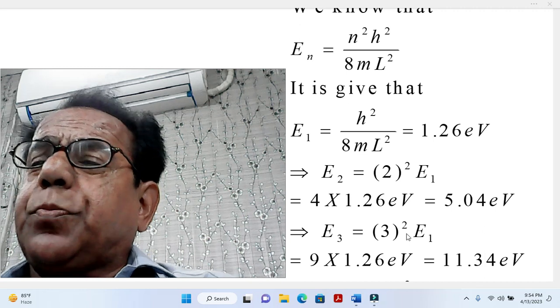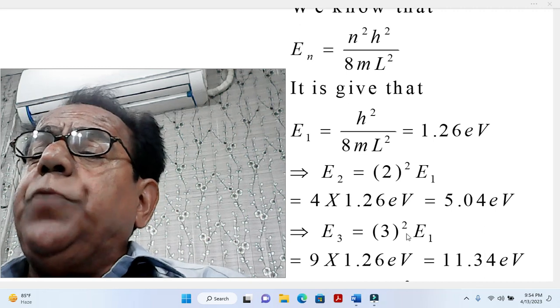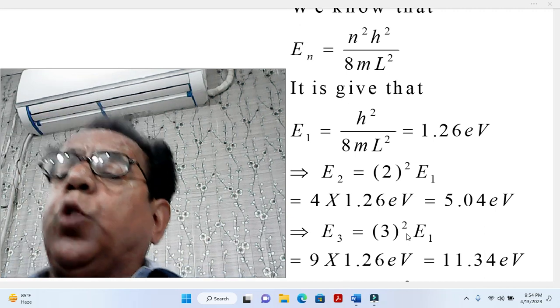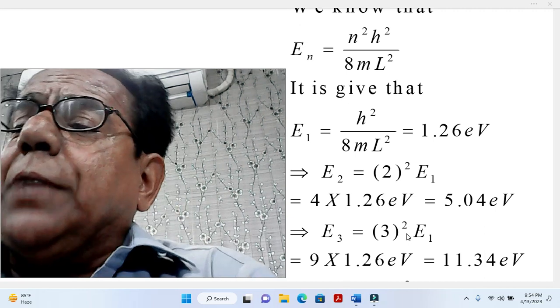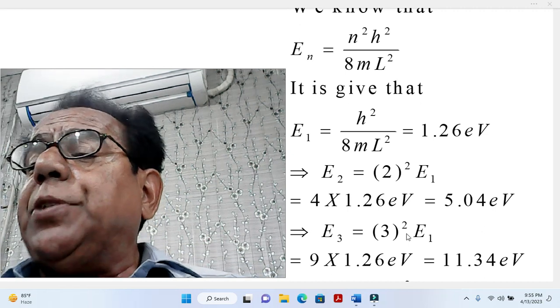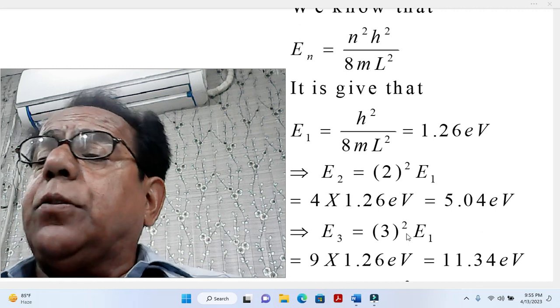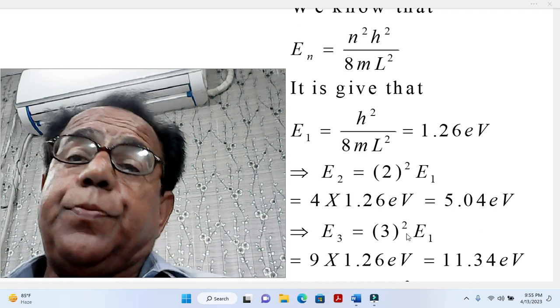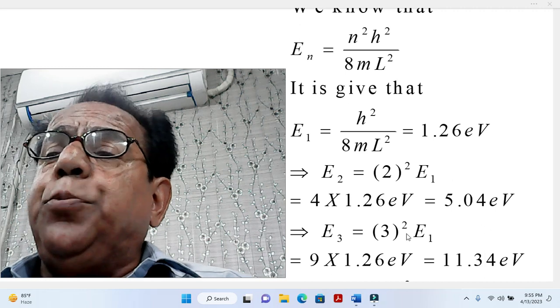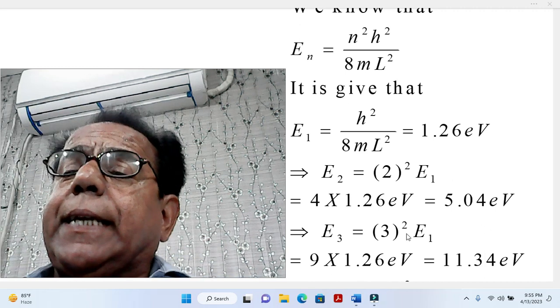So E2 will be equal to 2 square into E1 equal to 4 into value of E1 which is given in the statement, 1.26 electron volt, and this becomes equal to 5.04 electron volt. Similarly, E3 becomes equal to, now we will put n equal to 3 and 3 square is 9.